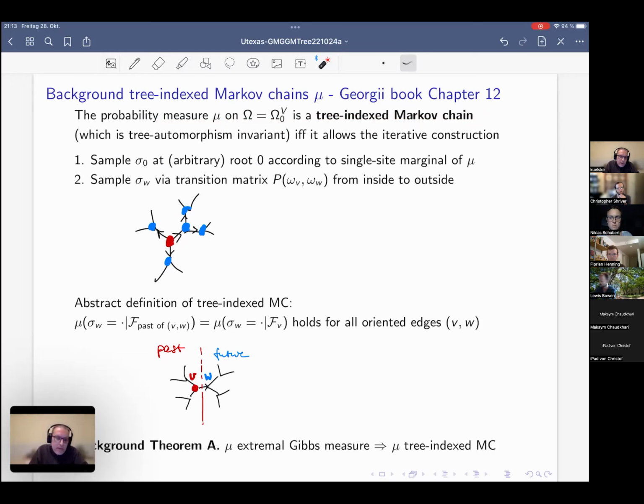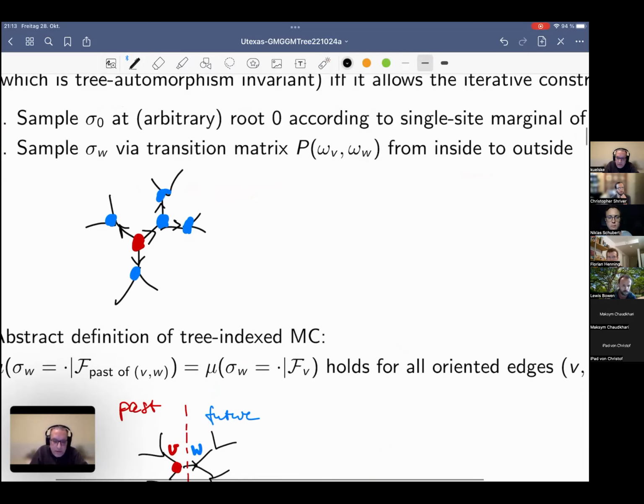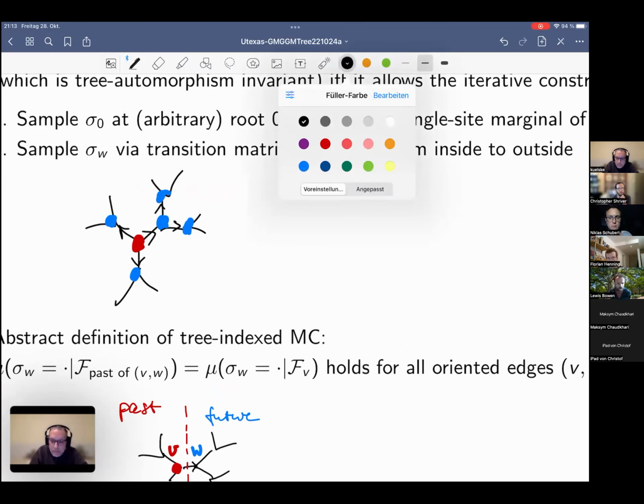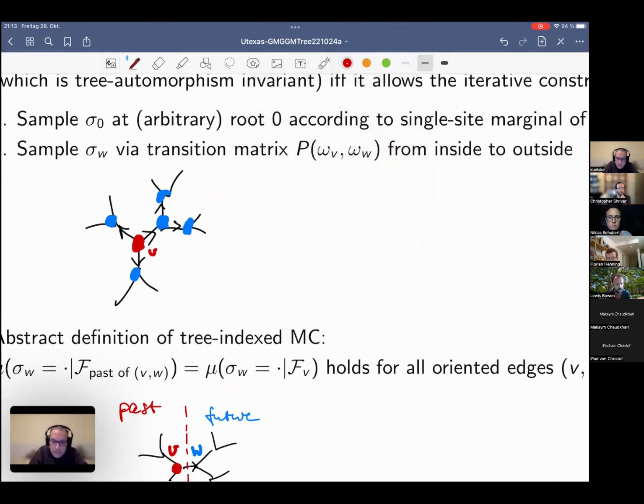Yes. And then, so how do you construct the measure? So you say it's a tree indexed Markov chain if you can get it by sampling the single site marginal. So just looking at the variable here. And if you are interested in what is happening here, then sample given the value of this marginal, which shall be a V. So let's say this is a V, and this is a W vertex.